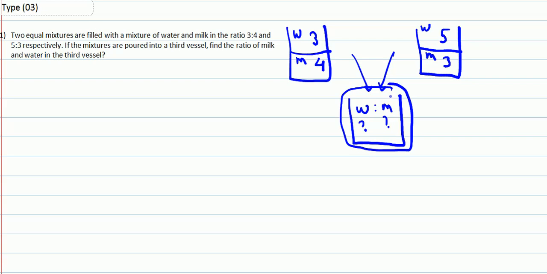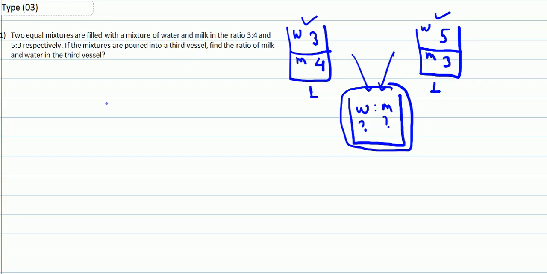So guys, it is not mentioned what quantity we are taking from each vessel, so we'll consider the quantity to be 1:1. That means 1 part from this vessel and 1 part from this vessel. So guys, the method and trick is very simple. I'll be explaining it to you.